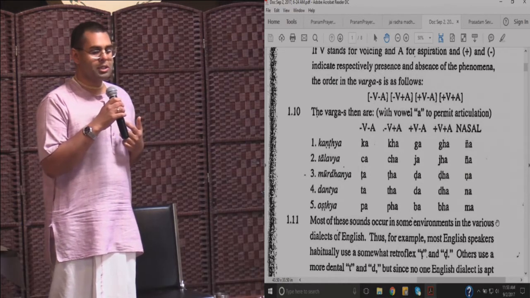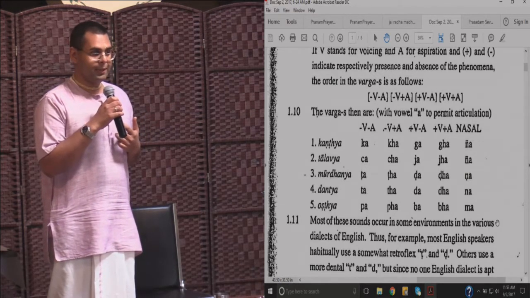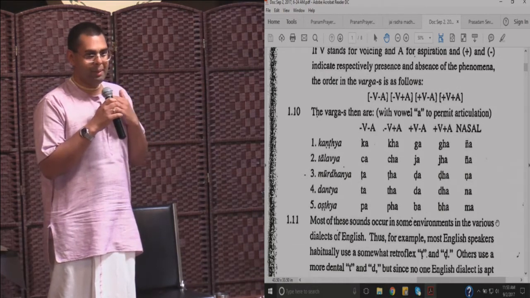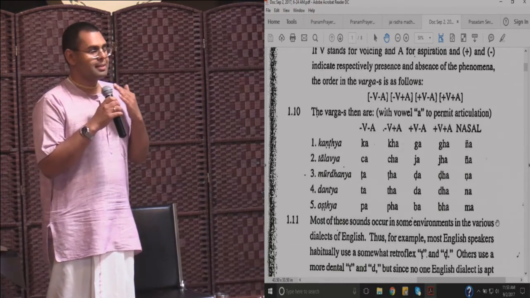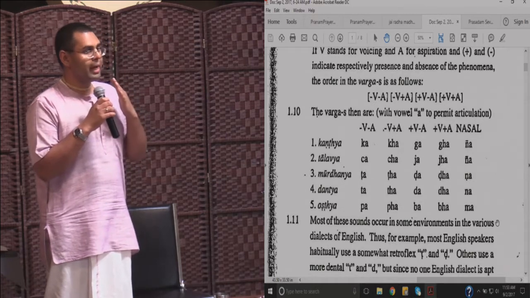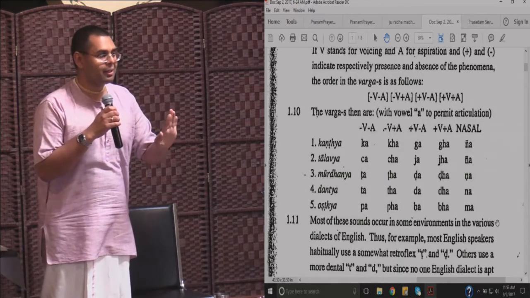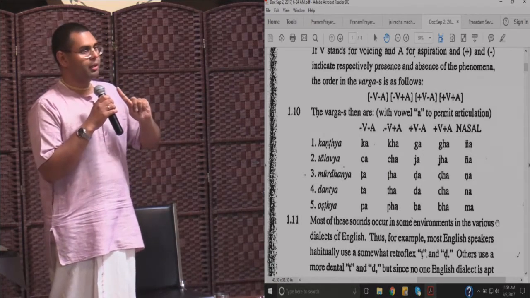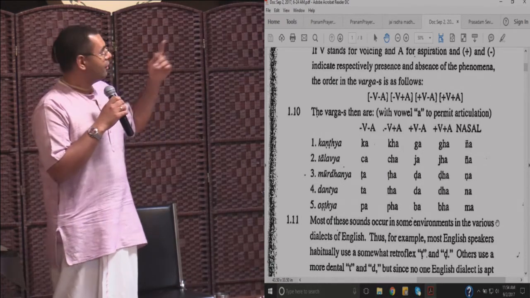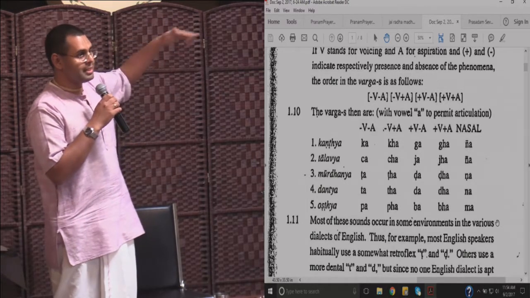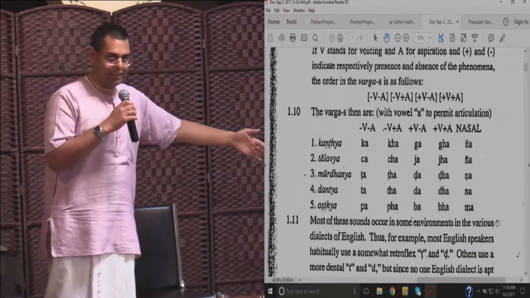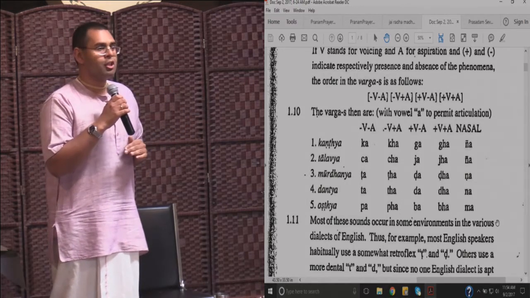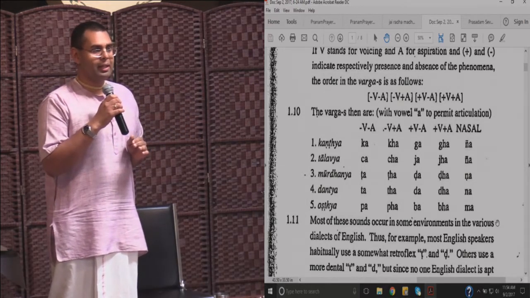When we say the English T, like in teeth, notice where your tongue is. It's a little bit back in the mouth, but not all the way back. The Sanskrit dentals are right against the teeth, ta. And the retroflex is further back than the English T, ta. So the first row is further back than the English T, the second row is further forward than the English T, and the English T is somewhere in between.